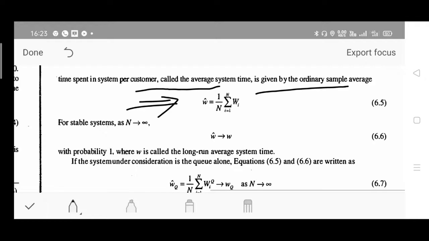This is the formula, where n is the total number of arrivals: 1 by n summation Wi, where i ranges from 1 to n, right?